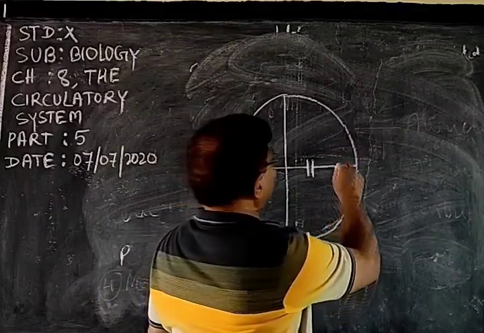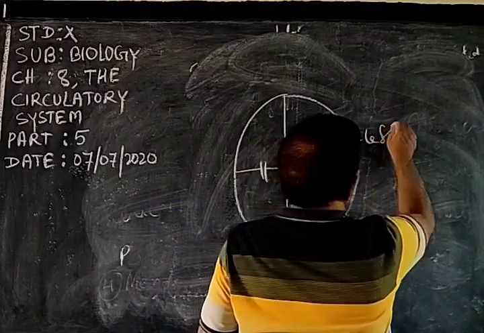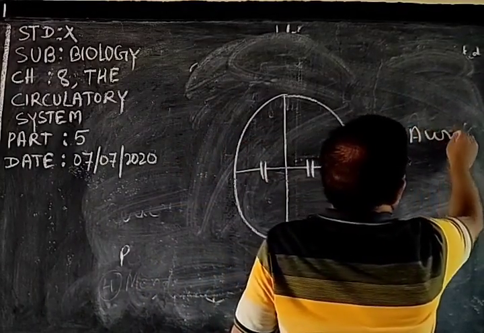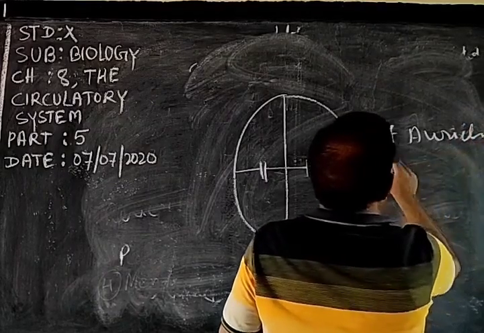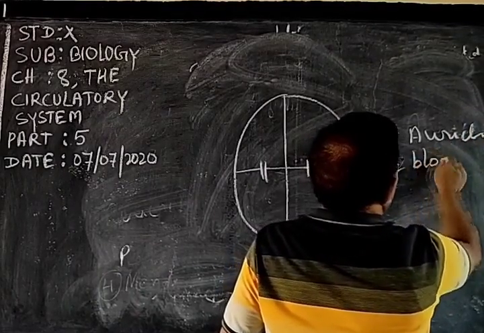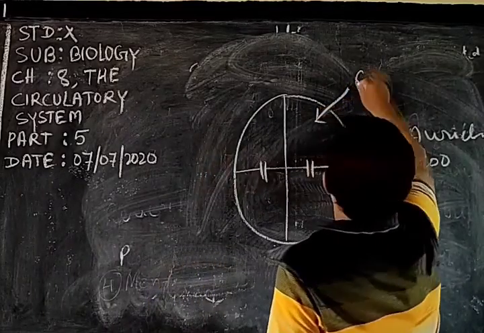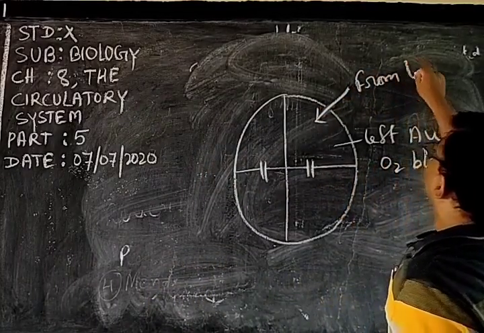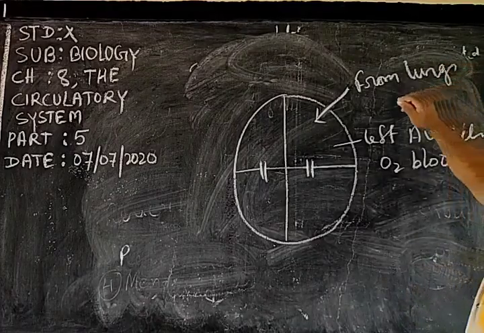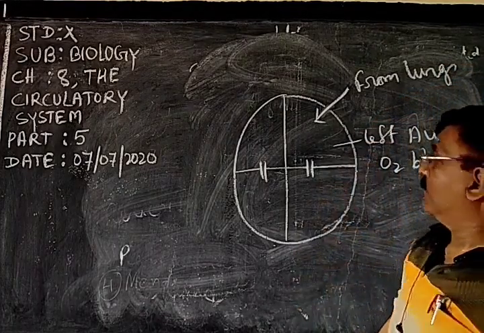This one is the left side, left auricle, which contains oxygenated blood. Naturally, where is this blood coming from? From the lungs, because the lung is the organ which oxygenates the blood.